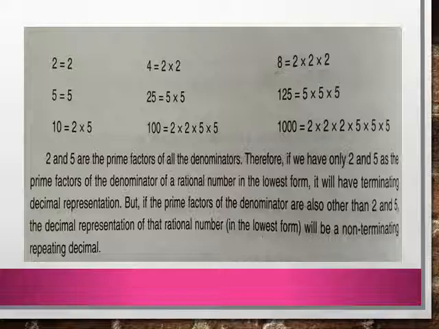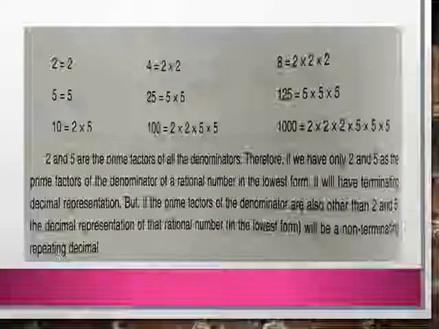Short and sweet, I am going to tell you: if the denominators have only 2 and 5 as factors, then that decimal representation is terminating. And if the denominators also have other prime factors other than 2 and 5, means 2 and 5 and one more number other than 2 and 5, then the decimal representation will be a non-terminating repeating decimal.